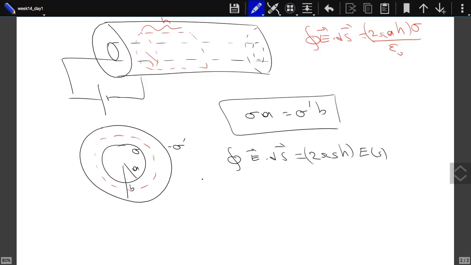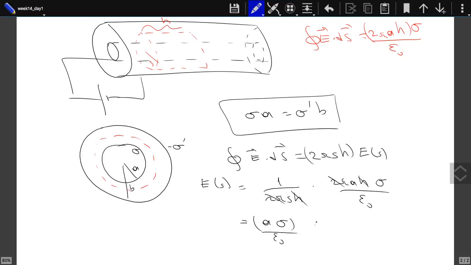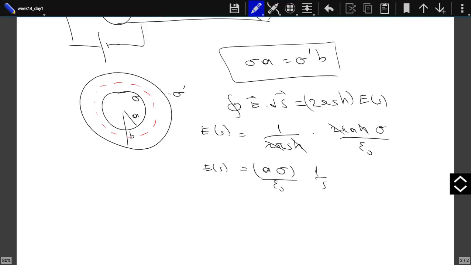So we can determine E of S. This is equal to 1 over 2 pi S H multiplied with 2 pi A H sigma over epsilon 0. H cancels, 2 pi's cancel, and we end up with A sigma over epsilon 0 times 1 over S. This is the magnitude of the electric field.